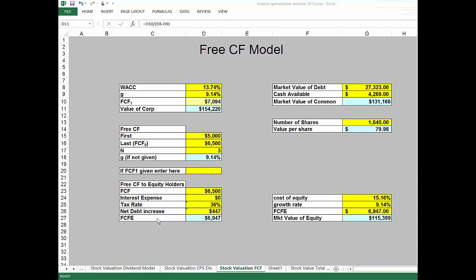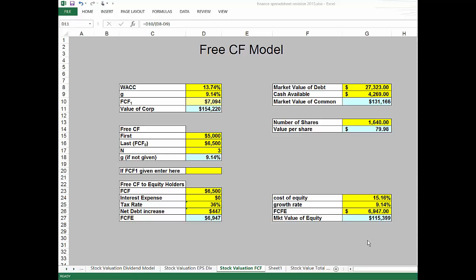We have the free cash flows going to equity holders. And again, this gives us another calculation that says the market value of equity is about 115. I think there are 3 zeros, so it's $115 million. So it's very close to the market value above. The numbers come out pretty close in this instance.